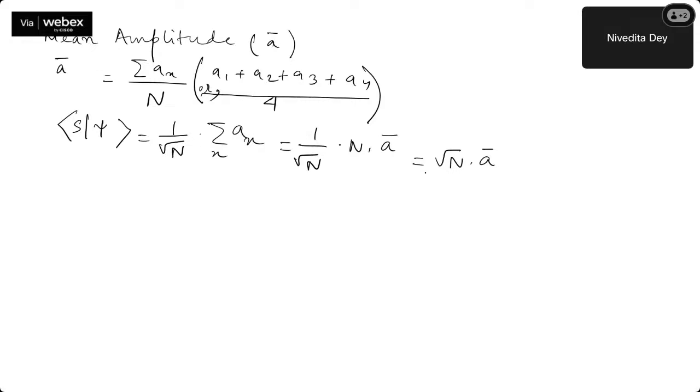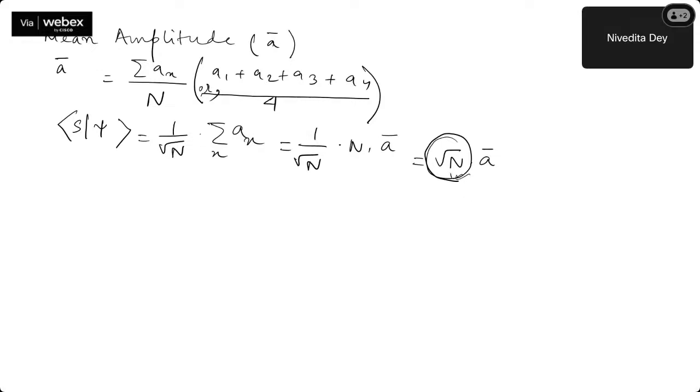Now what is a bar? A bar is a constant. Is a bar anywhere related to any of the values instead of a constant? No, it is just a constant. So from this, we can have an idea that the relationship between S and psi is a factor of root over n.